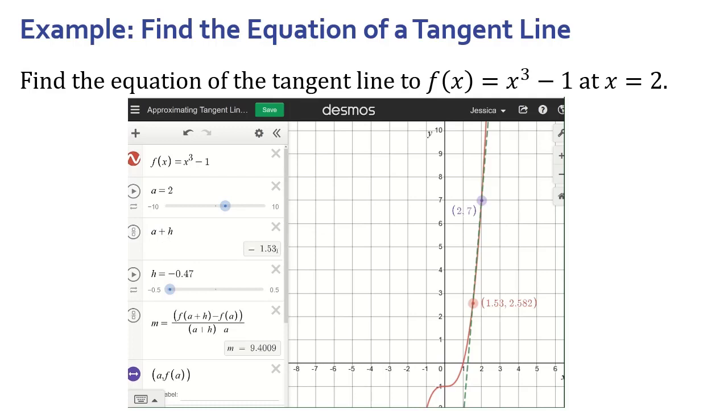So you can see this a plus h, 1.53, is right here. If I did 2, which is our a, minus 0.47 or plus a negative 0.47, that is how we get this. So that h value represents how far away my second point, this 1.53, is from the actual value.